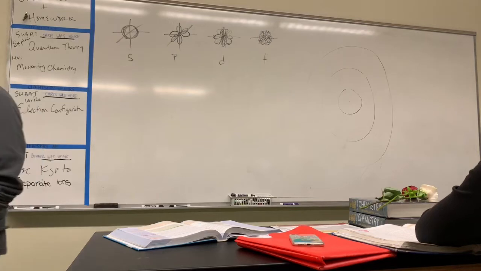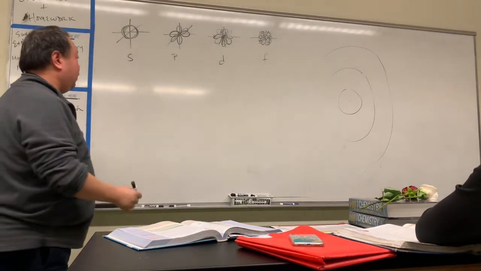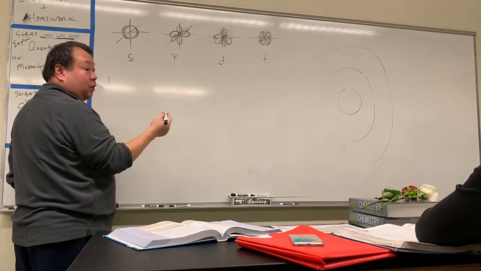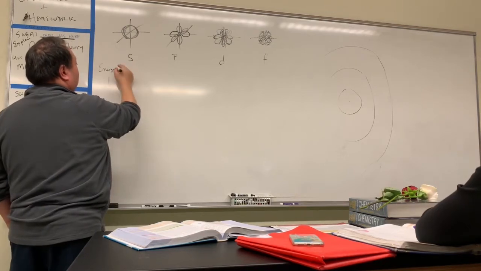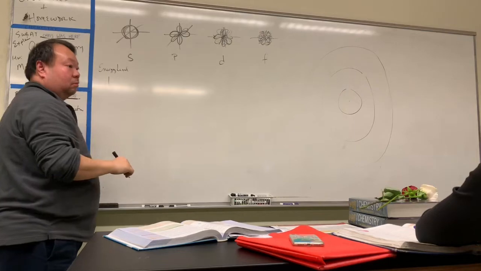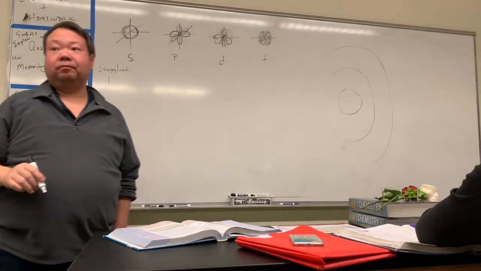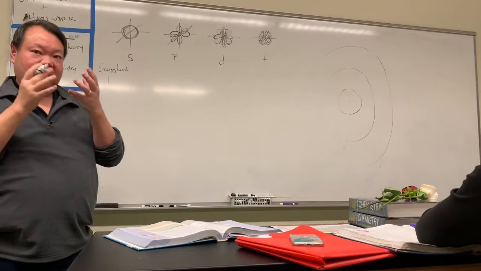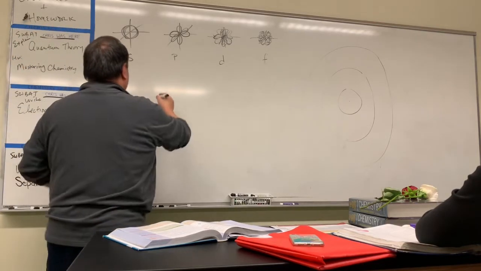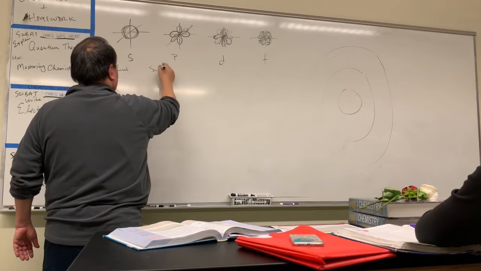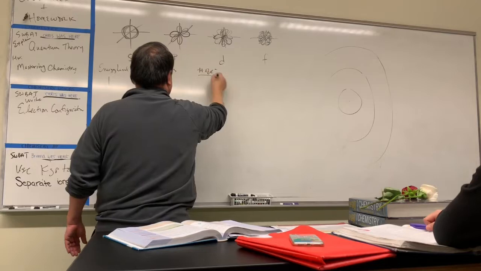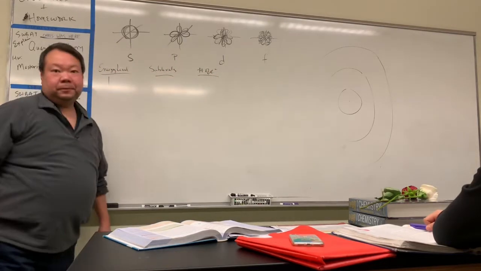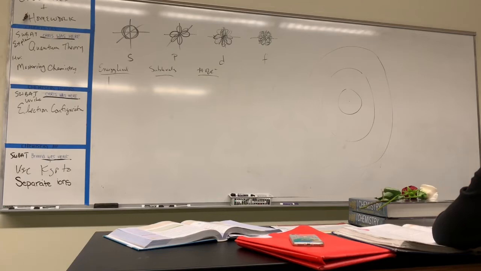So let's talk about where the electrons go. All right? So if there's an electron in the first energy level, I just want to tell you, you've been using the word shell, which I don't like, but that's okay. It is kind of a shell around the nucleus. It's protecting the nucleus. The first energy level only has an S sublevel.